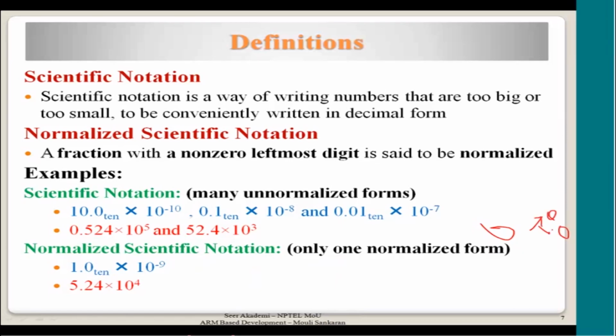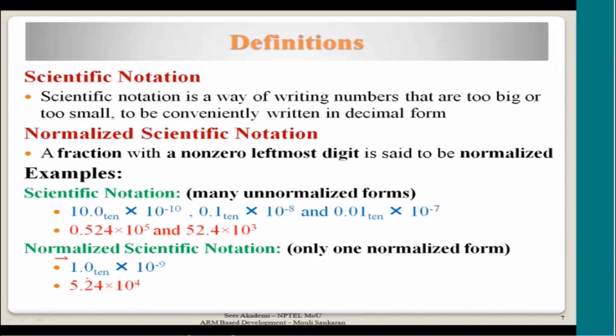So in the digital domain, we are trying to represent numbers with a unique normalized form. We are going to select this notation for our floating point representation. Got it? Now you are clear about what is normalized and what is unnormalized.